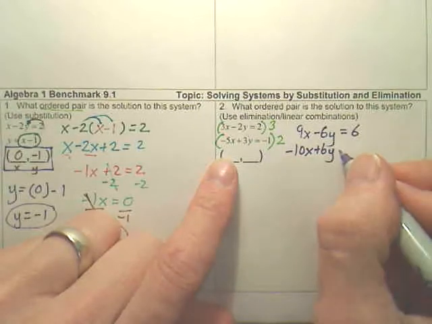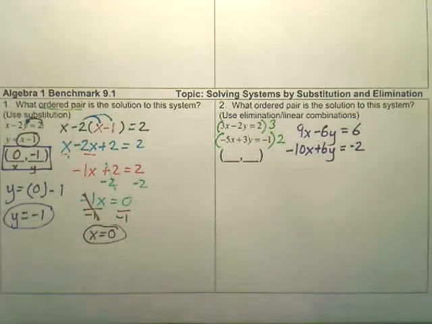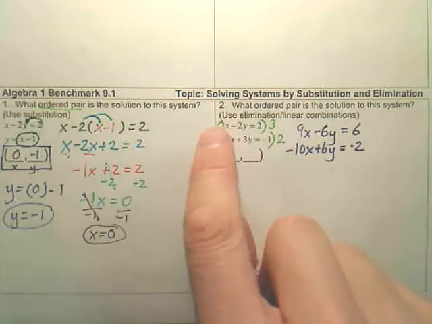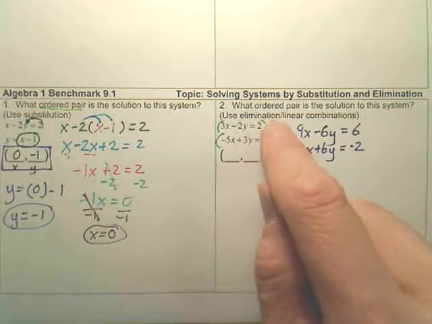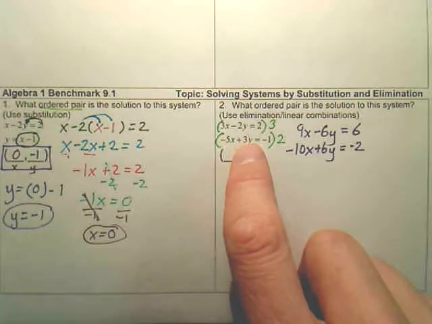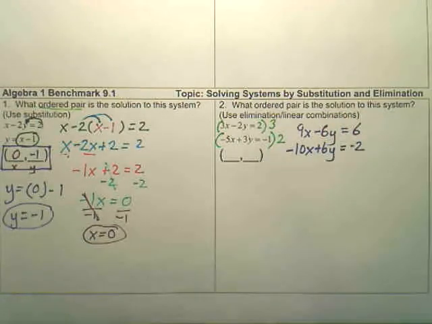And 2 times negative 1 is negative 2. So what I did is I multiplied this 2 by everything and this 3 by everything. Where I got this 3 and 2 was I looked at the y values and thought, what number can I create so that they will cancel? And I thought of 6.